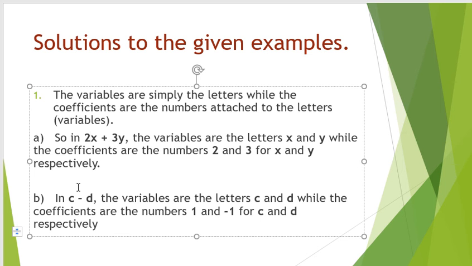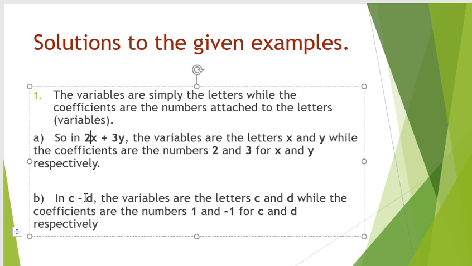So we come to the next question, c minus d. In c minus d, we can see that c and d are the variables, because they are the letters. The coefficient of this c here is 1. There is an invisible 1 here, which only works when there is need. And also the coefficient of this d here is negative 1.